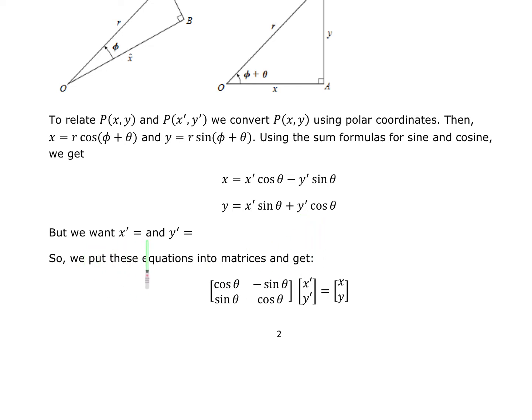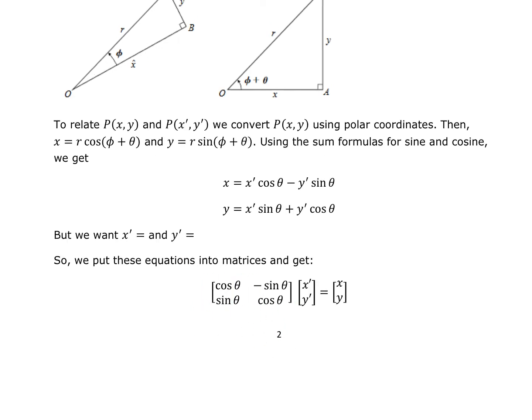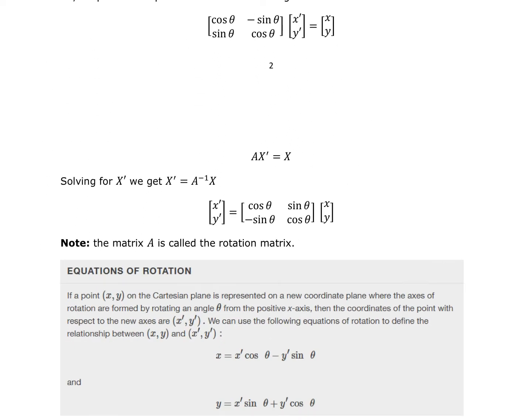But if we want x prime and y prime, then we can put these equations into a matrix, which we learned about in Pre-Calculus 1. We end up with this matrix A, which is our coefficient matrix, my x prime matrix, which is x prime, y prime, and my x matrix, which is x and y.